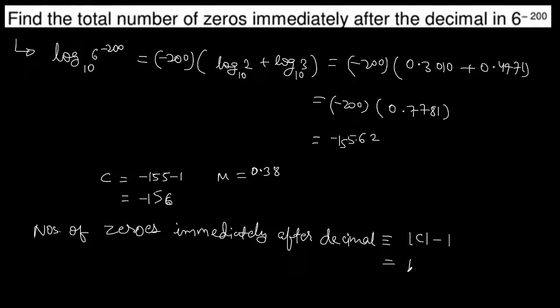That means we eliminate the negative part, minus 1, which is 155. So it will be 0 dot, followed by 155 zeros, and then some value A, B, C. Okay, so this is what I was trying to implement there, but I could not get a specific question to implement. Okay, so let's proceed.